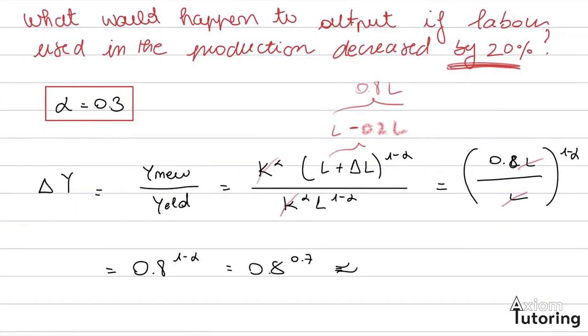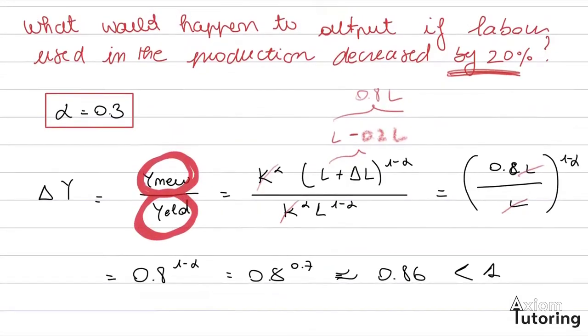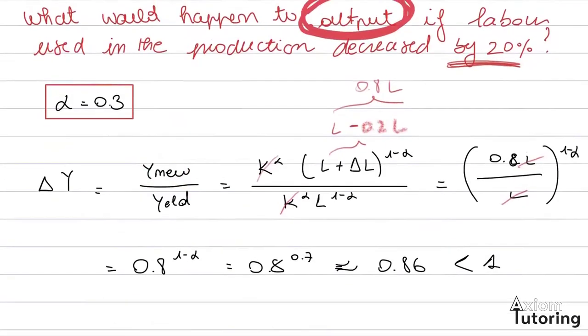And the result is approximately 0.86, which is less than 1. So the ratio is lower than 1, meaning that the new output is going to be lower than the old output, meaning that since we decreased labor by 20%, output has decreased as well.